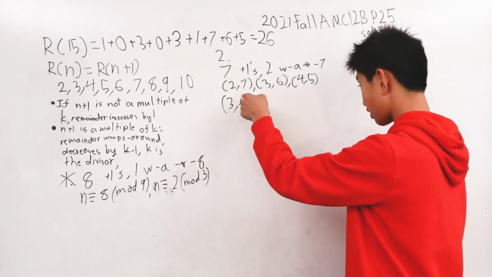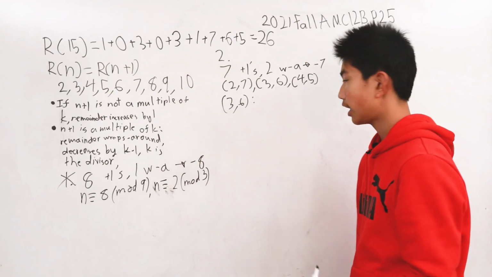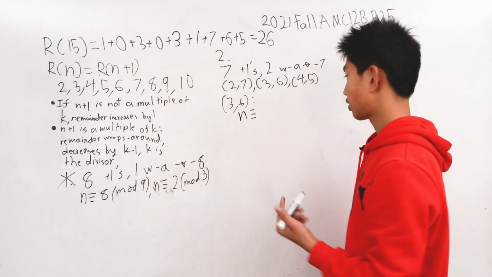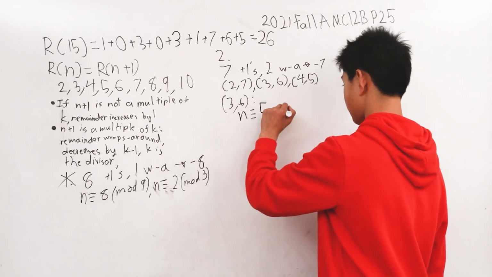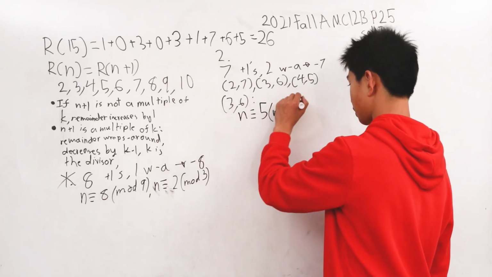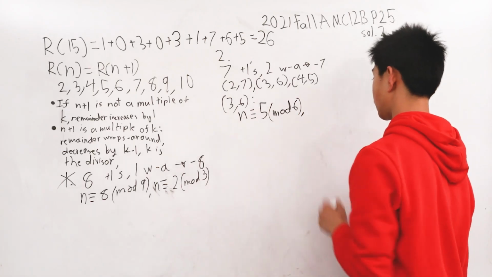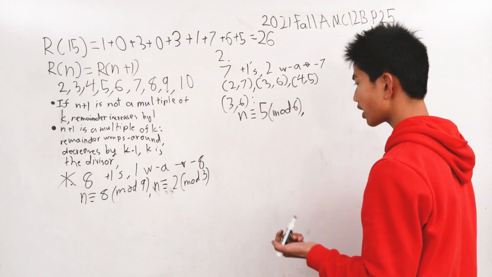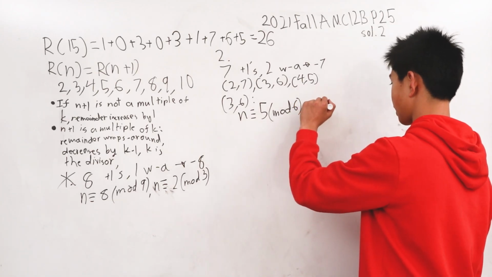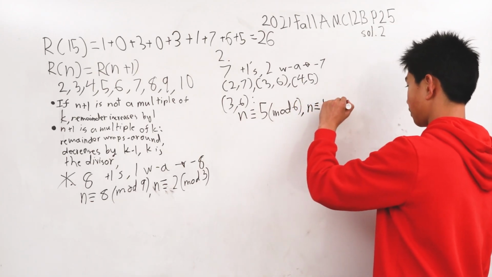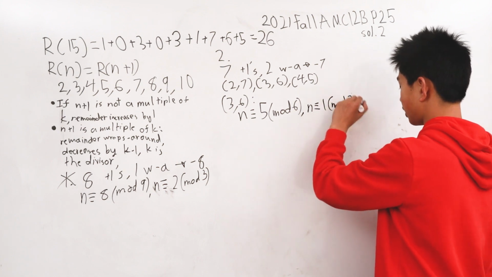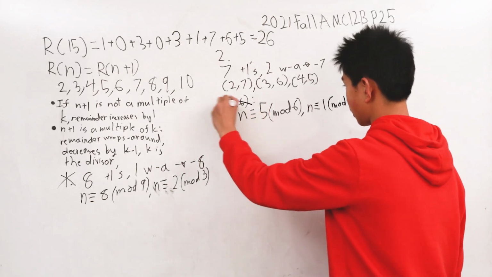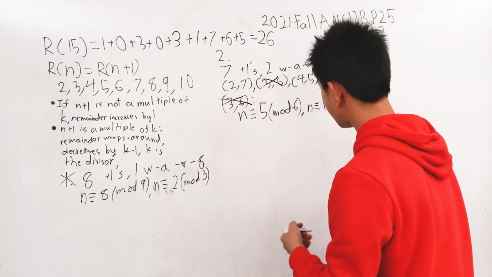Like, you take the 6 here, n would be congruent to negative 1 mod 6, or simply 5 mod 6, which is true in this case. But if it's 5 mod 6, this can't be right because it implies 1 mod 2, which basically asks for an extra wraparound. So we don't want that. That case is out of the box.